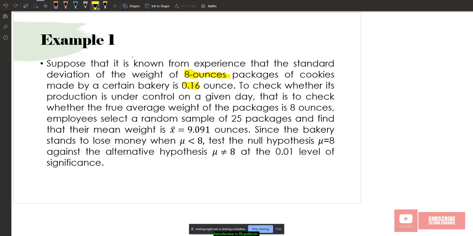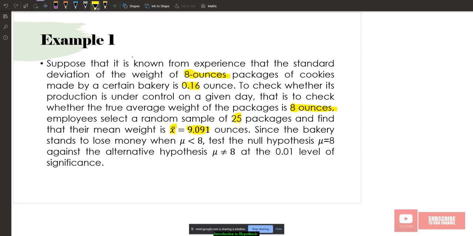To check whether its production is under control on a given day, that is, to check whether the true average weight of the package is 8 ounce, the employees select 25 packages and find the sample mean is 9.091 ounce, which is not equal to 8 ounce.